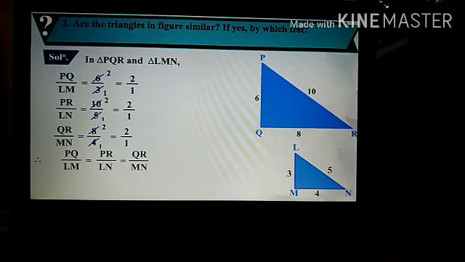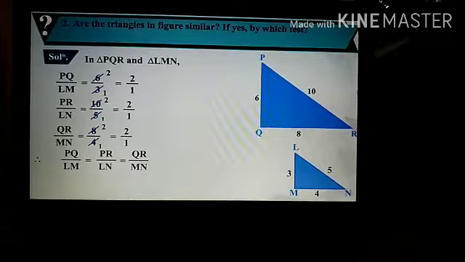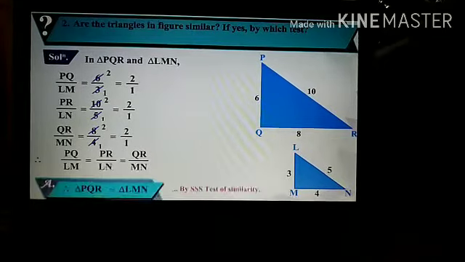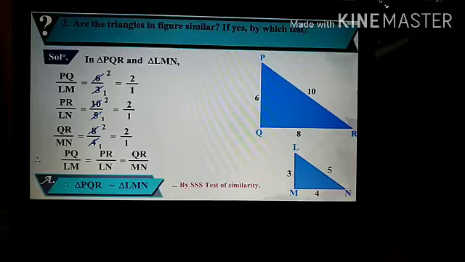As the SSS test suggests that if the sides of the triangles are proportional, then we can say that triangle PQR is similar to triangle LMN by SSS test of similarity.